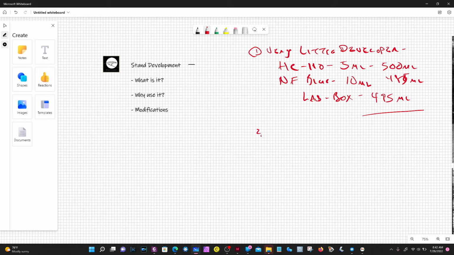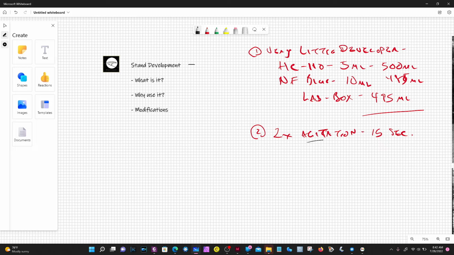Number two, most of the time, agitation is done twice, and usually not more than 15 seconds. Now, there's a problem with that.